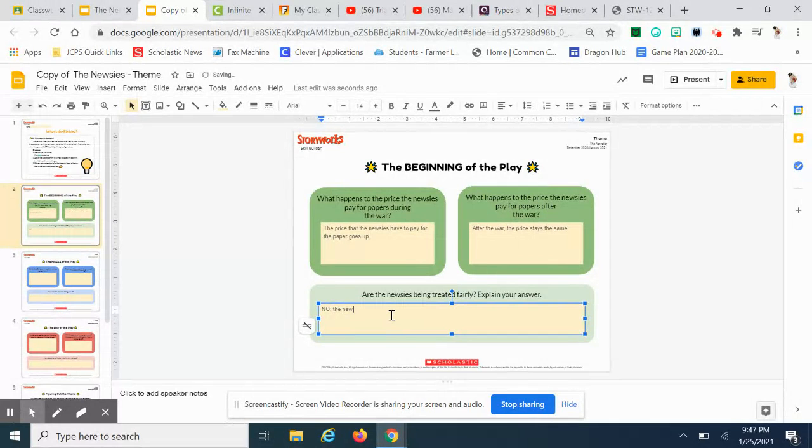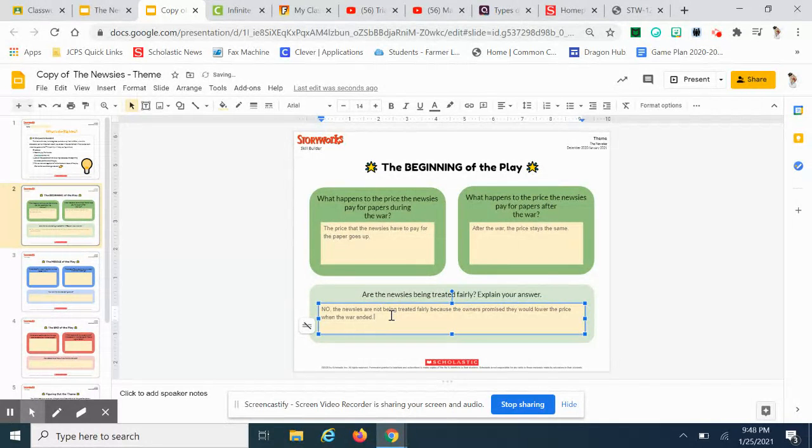The Newsies are not being treated fairly. So notice I'm restating the question. Because the owners promised they would lower the price when the war ended.